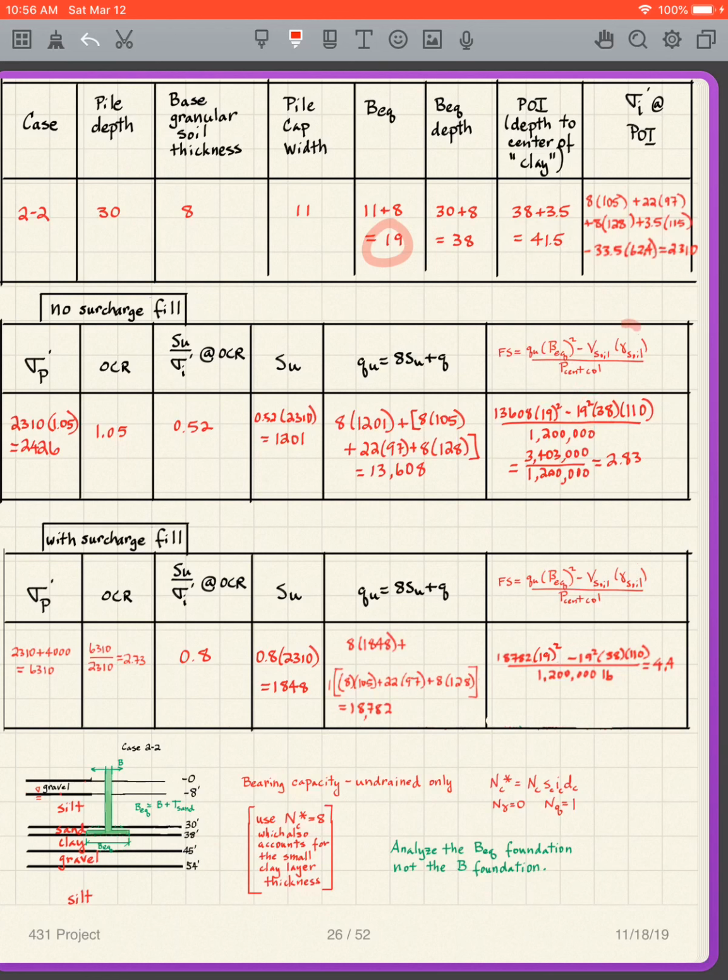Now, what's the unit weight of the soil? Just to simplify this, I took 110. That is sort of an average of the 97, the 128, and the 115. So it's just rough. You can put in the actual numbers if you want to get it all in detail, but you can just take an average of these unit weights for this value here. And then I'm going to divide it by the column load. Now, which column? I'm taking the center column. Why the center column? Because the center column has the greatest load.